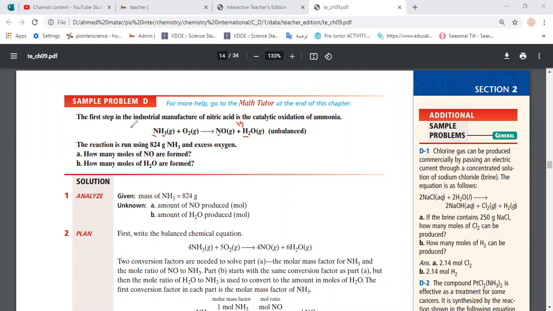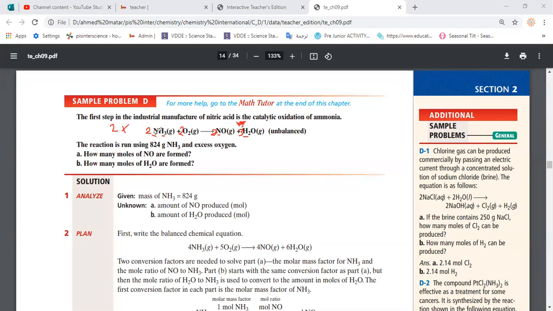No, so we are going to multiply the entire equation by 2 just to remove this fraction. So this will be 2, 2, and here 2, and this 1.5 multiplied by 2 will be 3, yes or no? Let's check. Now, how many nitrogen atoms do we have?